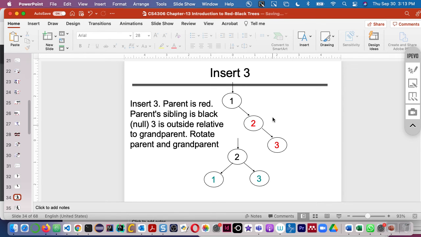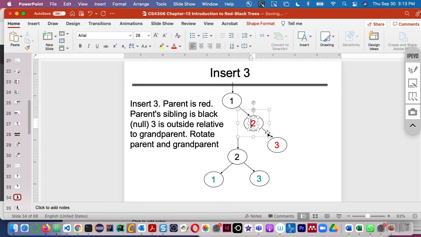Now we check the problematic condition number 4: if a node is red, then both children must be black. This does not hold here, right? That is a violation.